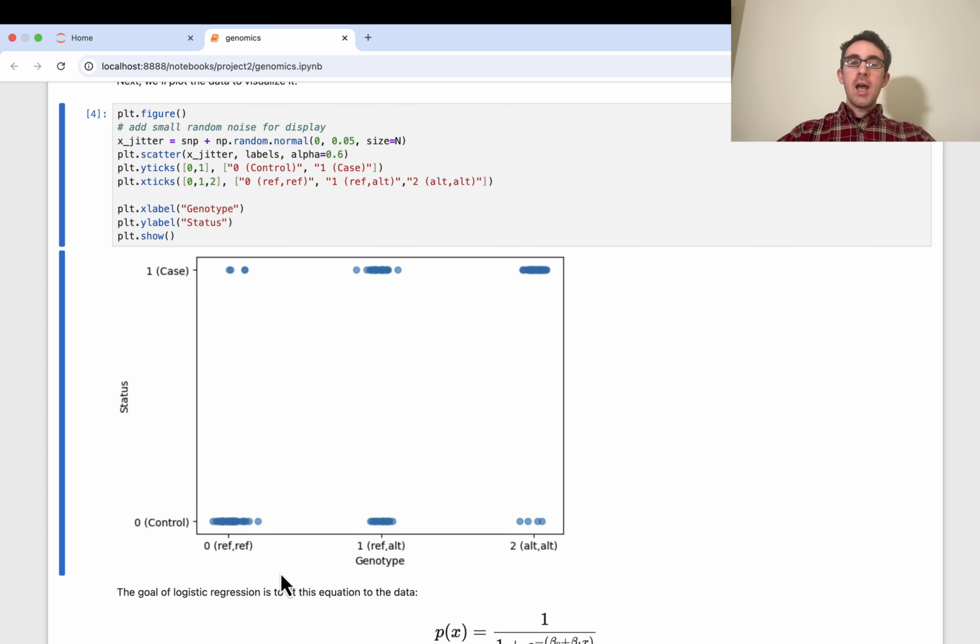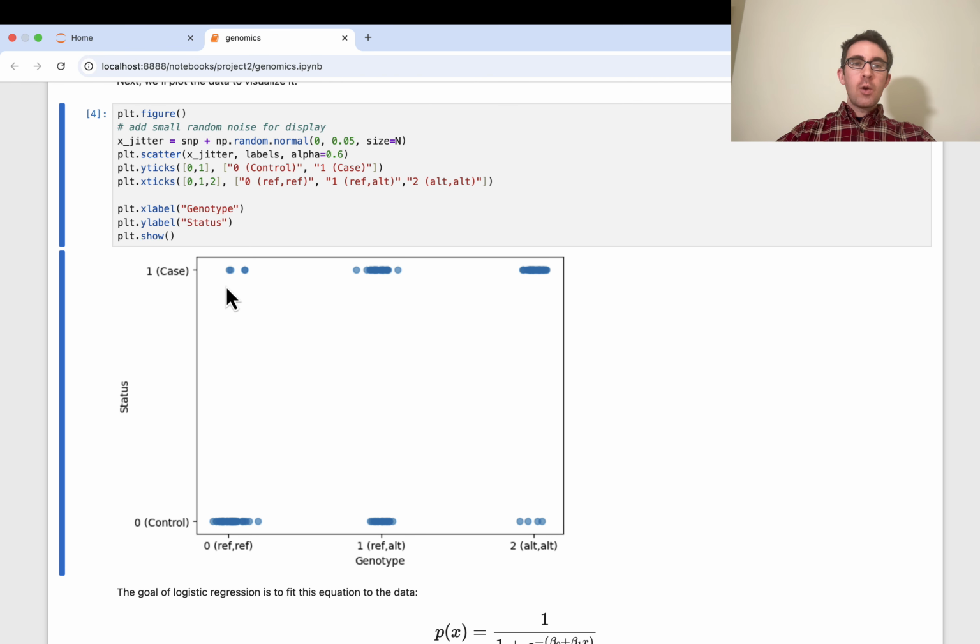They could have 0 copies, which means both of their copies were the reference allele, or 1 copy, which means the other copy was the reference allele, or 2 copies, which means they didn't have any copies of the reference allele. So we're just plotting those.